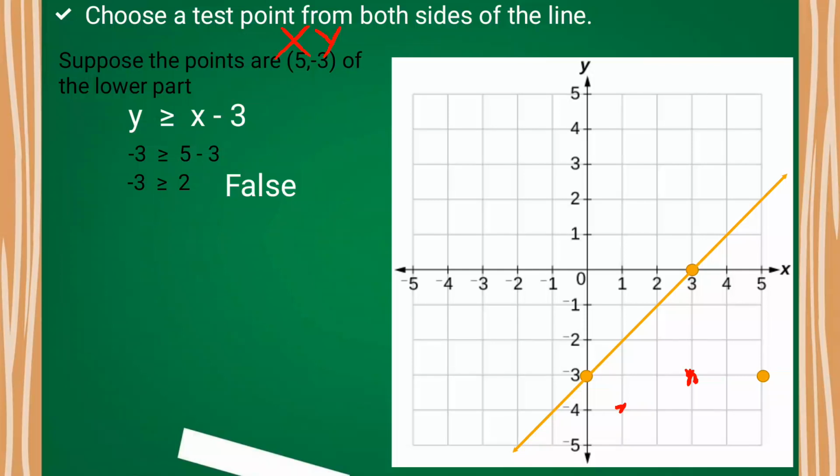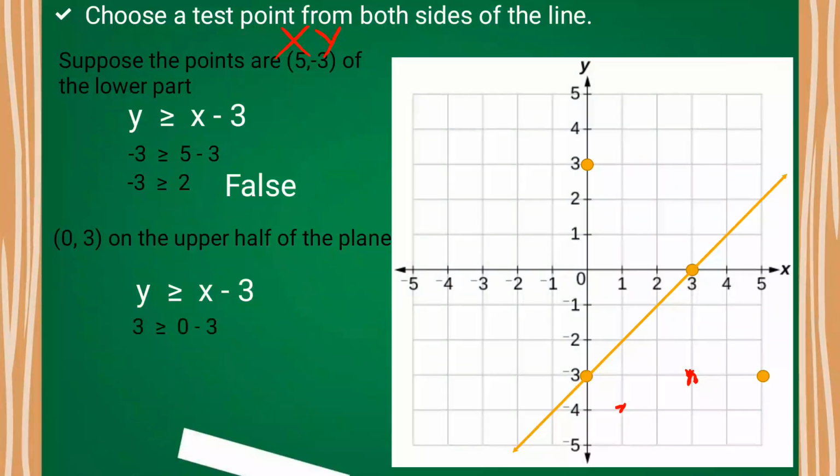How about in the upper part? Pili ulit tayo ng point. Kahit anong point dyan, pwede. So, ang napili ni ma'am, 0, 3 on the upper half of the plane. Tingnan natin kung siya ba yung right solution natin. So, y is greater than or equal to x minus 3. Tingnan natin.